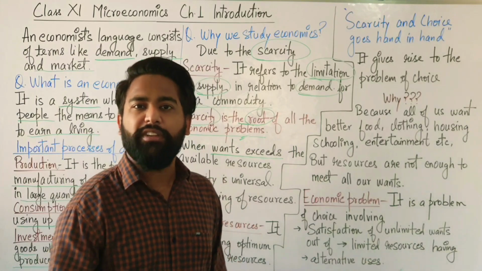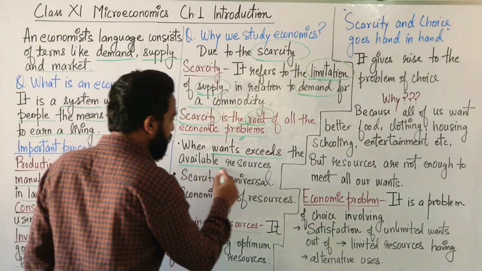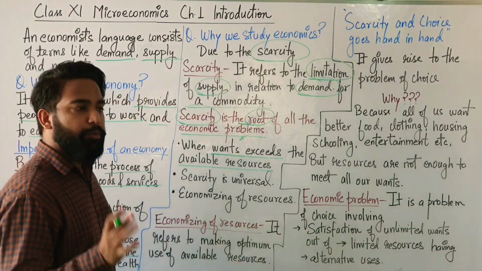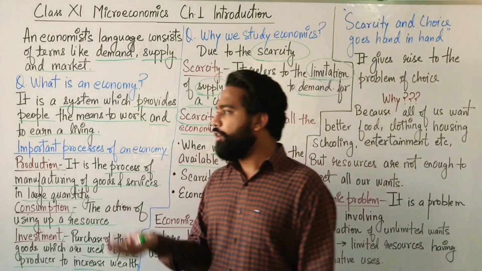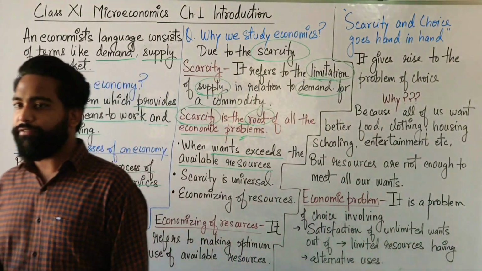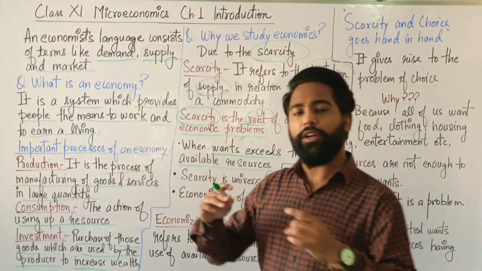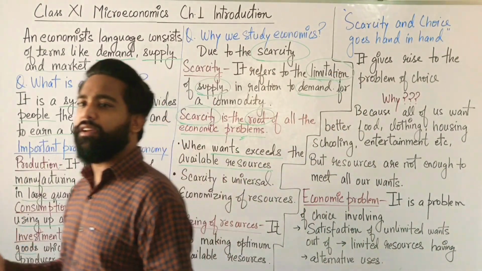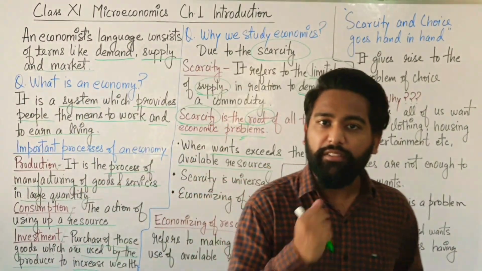Your wants will always exceed. Now, when wants exceed the available resources, suppose you want a laptop, a television, a refrigerator, an air conditioner, a cooler, a fan, and you want more of the things, but you don't have enough money for that.